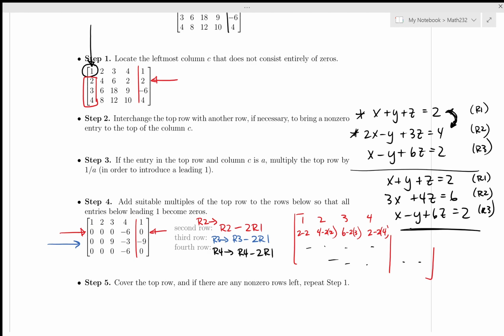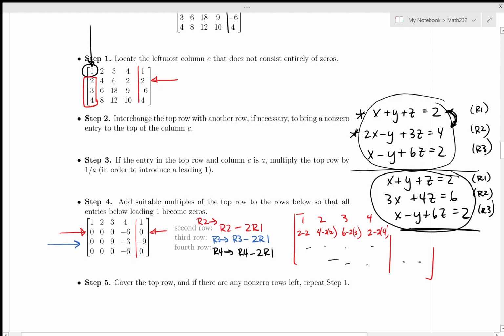Solve both of these, try them out, and see that whatever the solution is to this system of linear equations is exactly the same as the solution to these three. The solution does not change by me adding a multiple of one equation to another one. And that's exactly what I'm doing here in step 4.